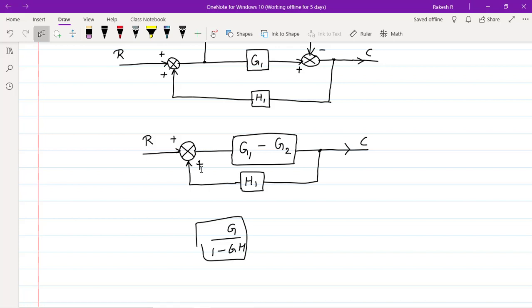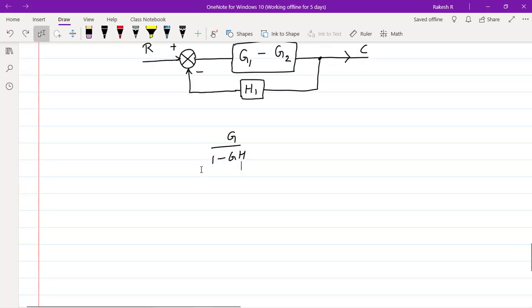So this becomes, G divided by 1 minus GH. So I'll write here G divided by 1 minus GH for a positive feedback loop.